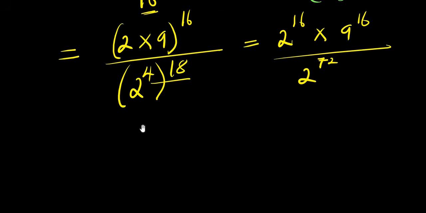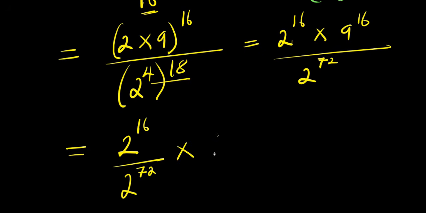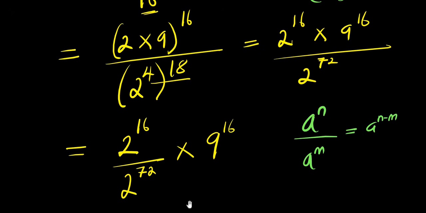Now from here, we have 2 to the power of 16 times 9 to the power of 16, divided by 2 to the power of 72. Consider this identity again: a power m divided by a power n equals a power m minus n.